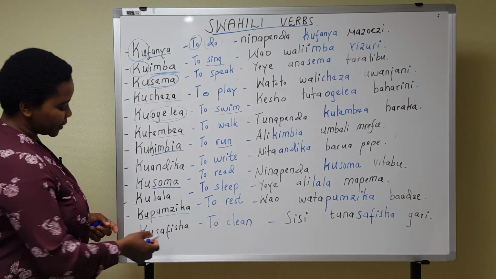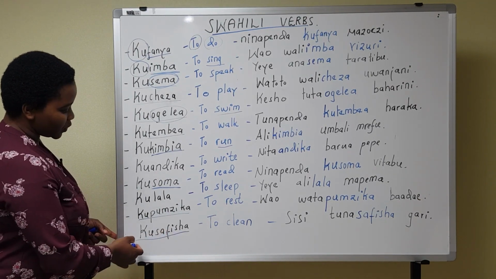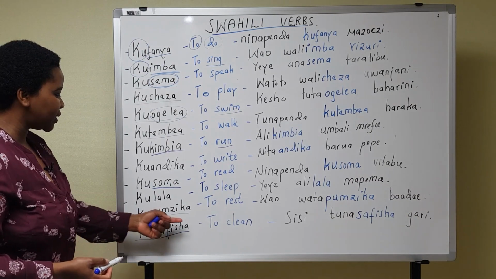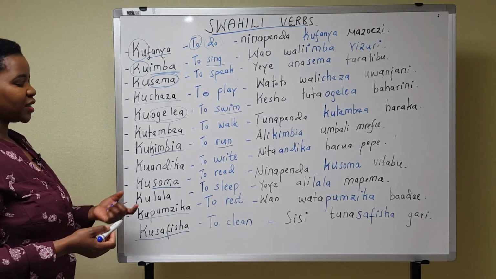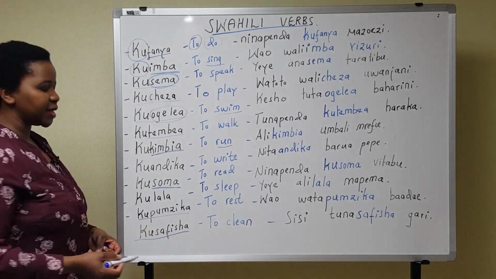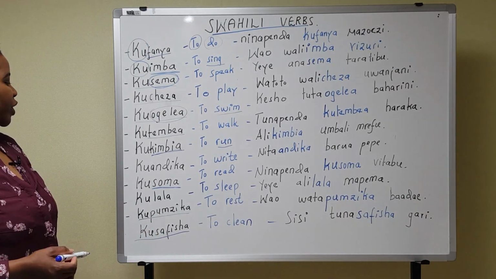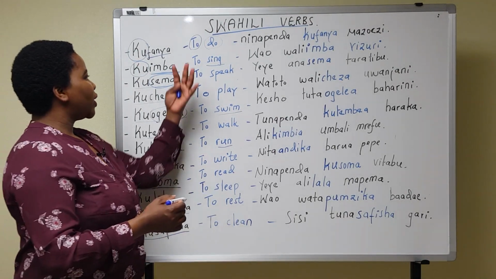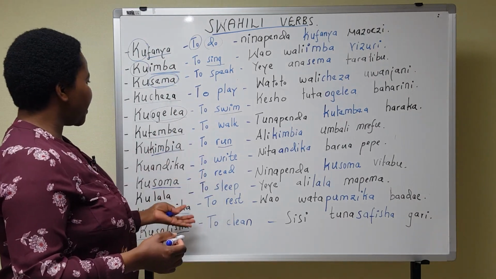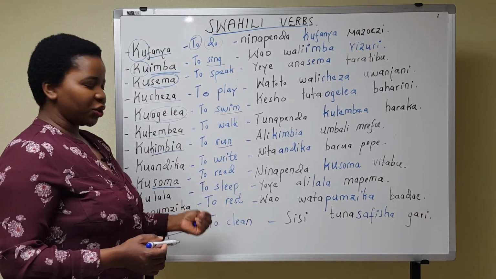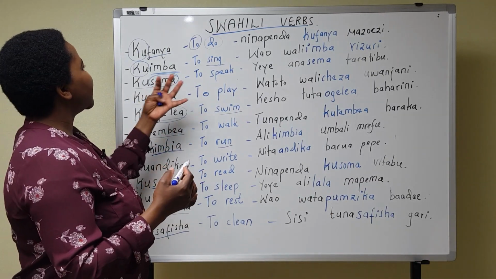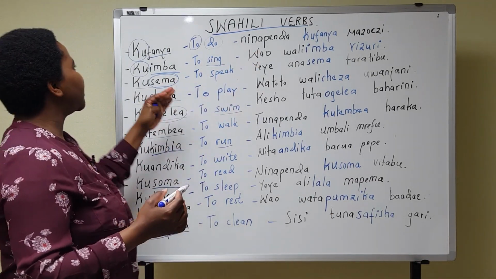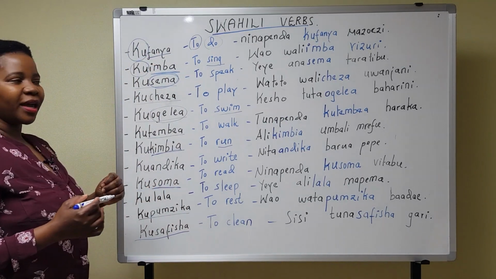And the last one for today is kusafisha, which means to clean. The verb root is safisha, which is clean. So these are the verbs and their translation in English. Let's make some sentences using these verbs, okay?